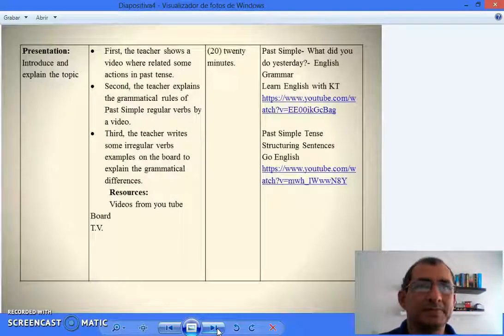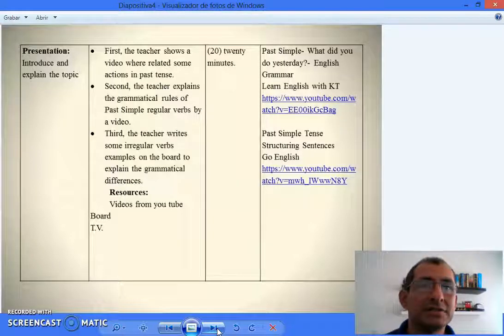The presentation. First, the teacher shows a video that relates some actions in past verbs. Second step, the teacher explains the grammatical rules of past simple regular verbs by a video.